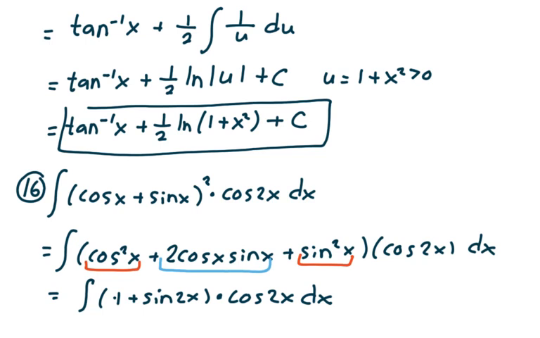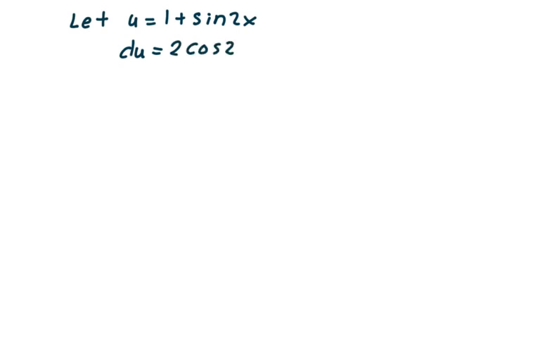And then from here, we can do a straight u substitution. So I would let u equal 1 plus sine 2x. du is 2 cosine 2x dx. Cosine 2x dx is 1/2 du.